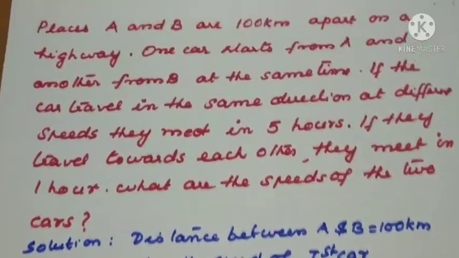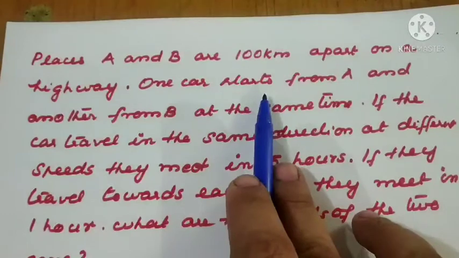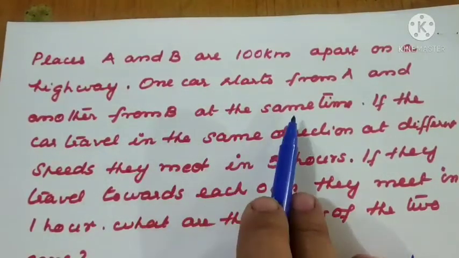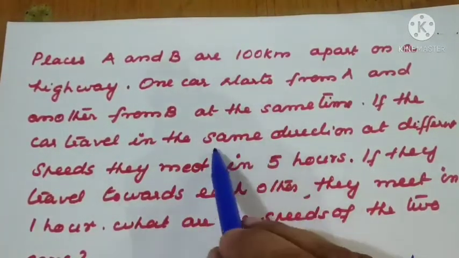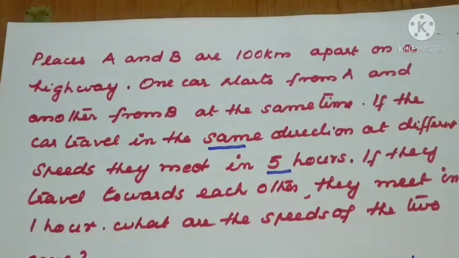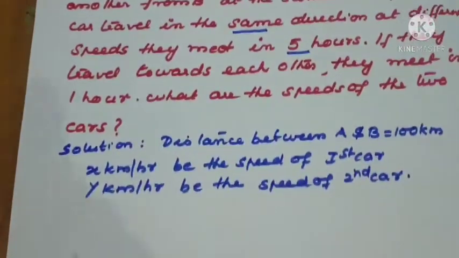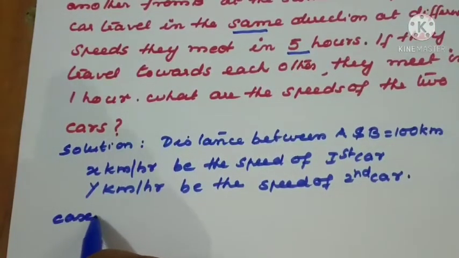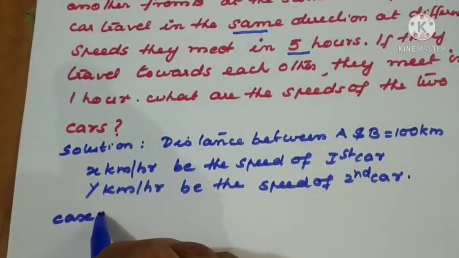Now I'll read the question once again. One car starts from A, another from B at the same time. If they travel in the same direction, they meet in 5 hours. So we'll represent by the diagram, that is case 1. They travel in the same direction.